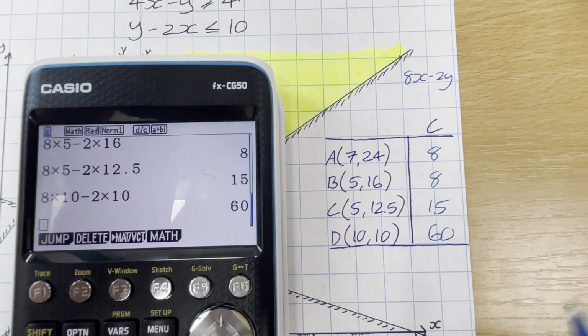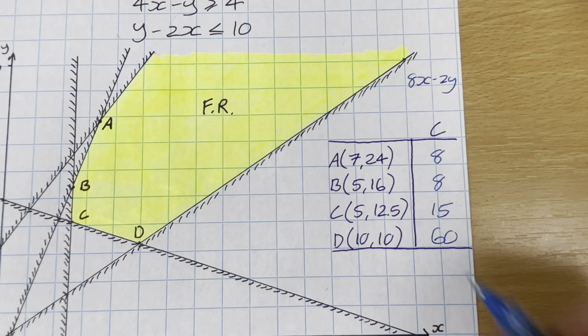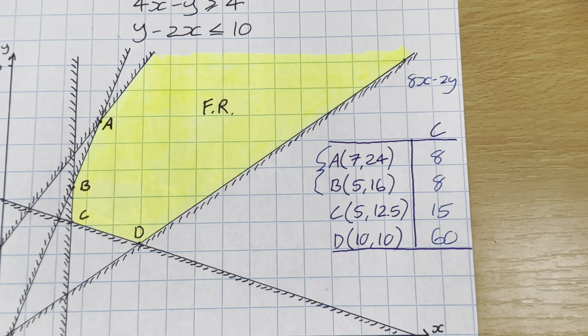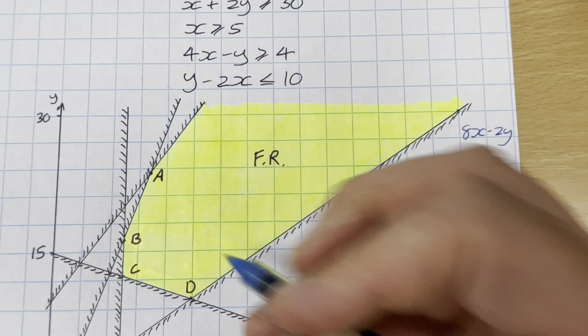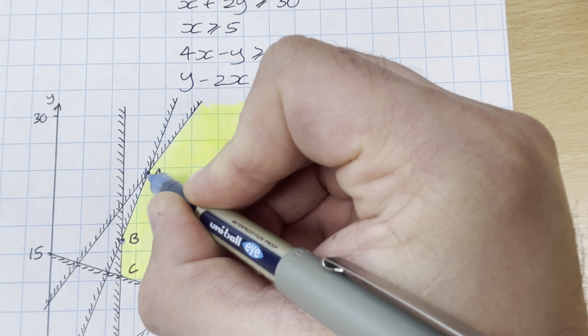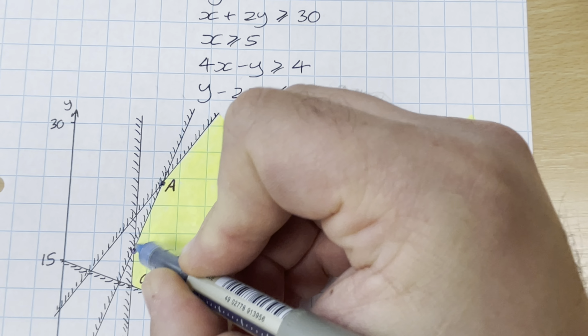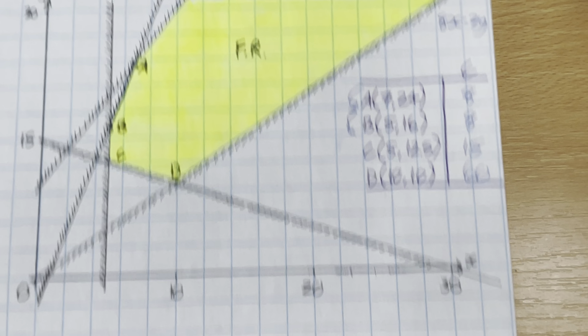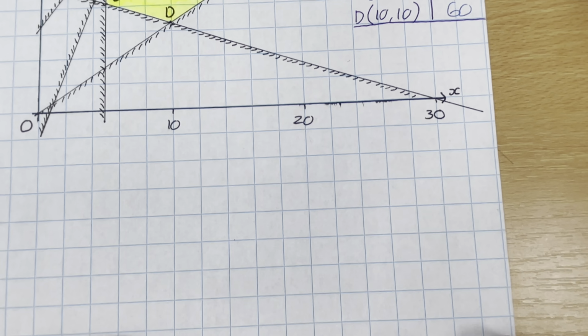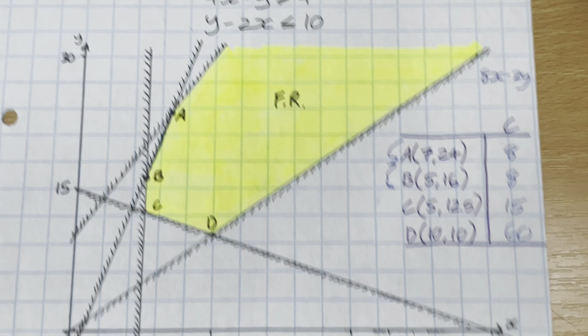So we want to minimize C now, so taking the smallest, again we can see there are 2 solutions there, A and B. That means the C value at those 2 is the minimum it can be, but also any point in between those will also have that same C value of 8. So the minimum value of C is 8, and there are multiple solutions to it.